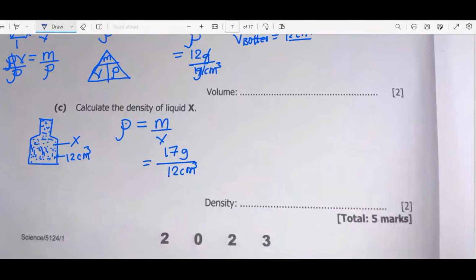Then the remaining part here is just to do the math. So 17 divided by 12, I'm getting 1.42 grams per cubic centimeter. If we leave our answer correct to 3 significant figures, this is what I'm getting according to my calculator.